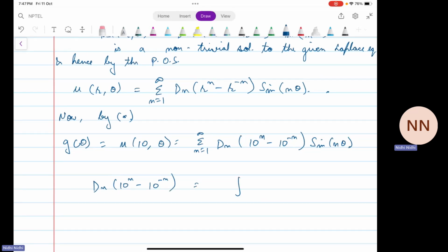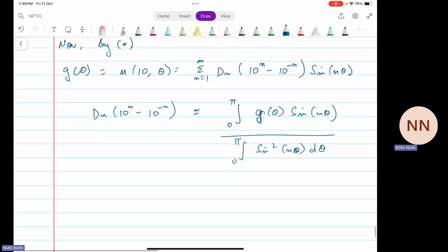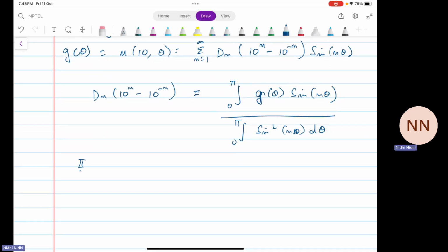This is integration 0 to pi, because theta varies from 0 to pi, g(theta) times sine n theta, divided by integration 0 to pi sine square n theta d theta. We know that this denominator will turn out to be pi by 2. Let me just multiply on both the sides with pi by 2.